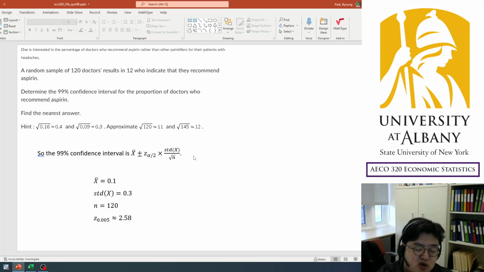But I still want you to understand the underlying theory behind it, because when you make the model more complicated, then you may need to change the formula. So what you need is the intuition about the sampling distribution and where the formula is coming from.